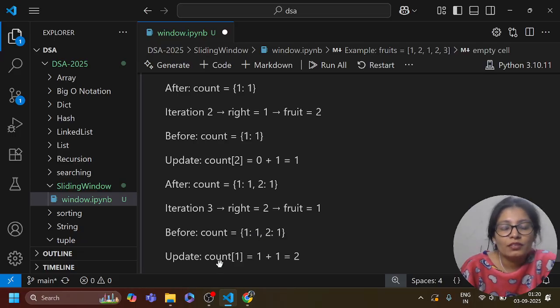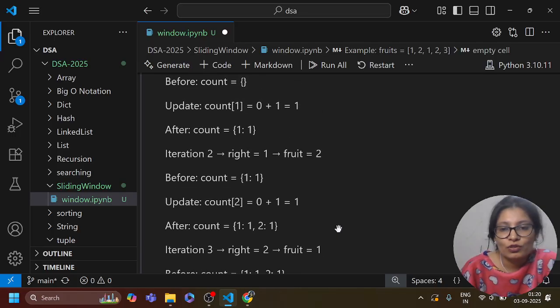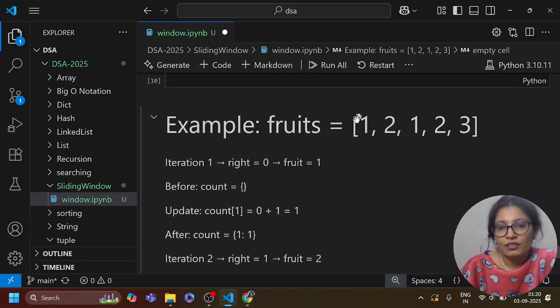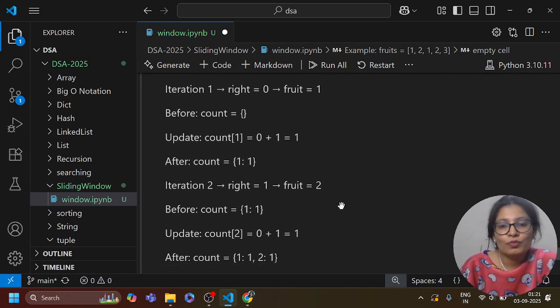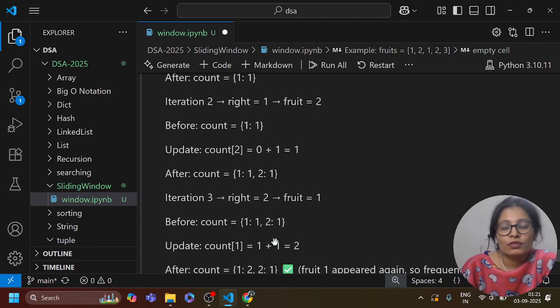So we update the count of 1, because before we had count of 1 equal to 1 and after that we again got 1. So the count of 1 increases to 2, because in the starting I have 1 and here I also have 1. So the updated count equals 2.